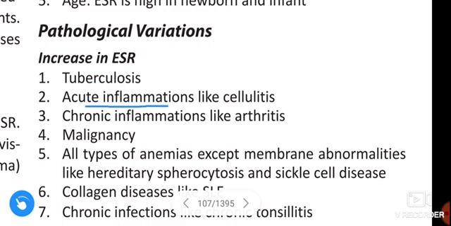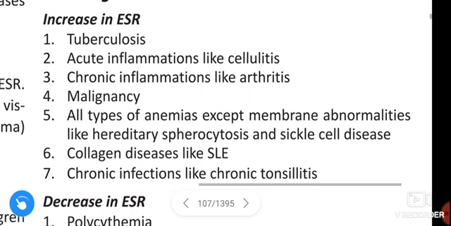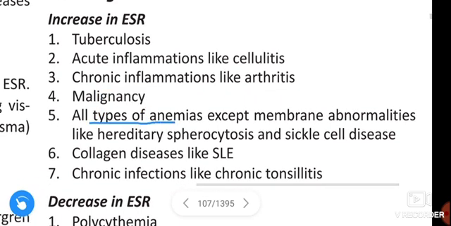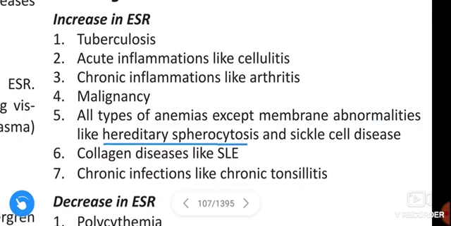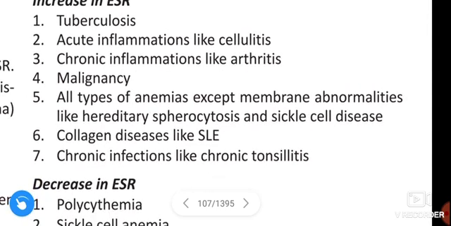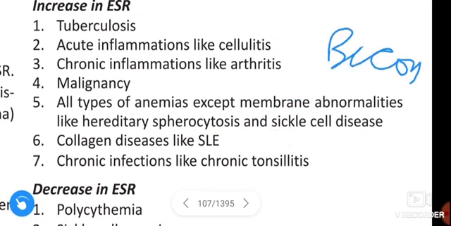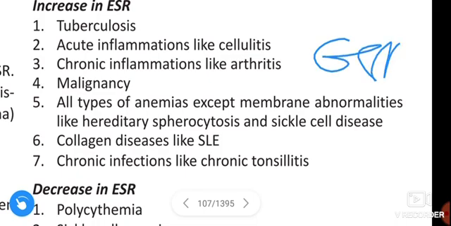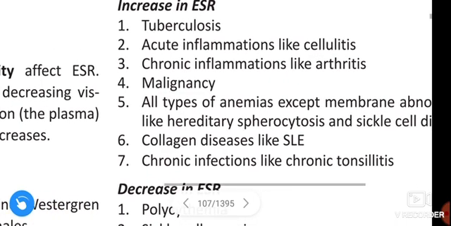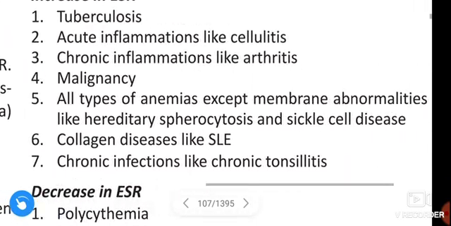Tuberculosis, acute inflammations like cellulitis, chronic inflammations like arthritis, malignancy, all types of anemias except membrane abnormalities like hereditary spherocytosis and sickle cell anemia. The change of shape from biconcave decreases the erythrocyte sedimentation rate.